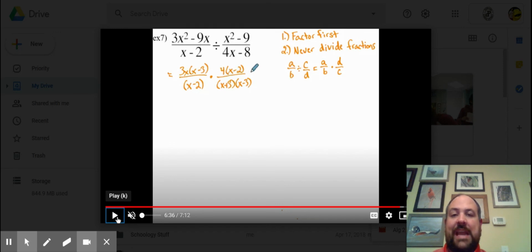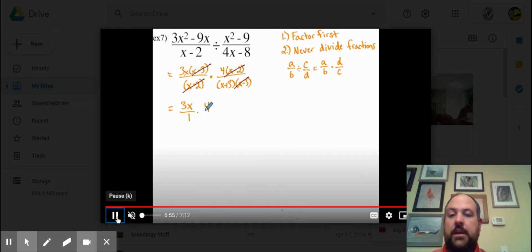So now we're looking at what are some common factors we can cancel out between the numerators and denominators. And in this case, there should be 2 of them. We can cancel out, as we see here, the x minus 2's in the denominator and numerator. We can cancel out the x minus 3's. The 3x times 4, we can't cancel those out because they're both in the top of the fraction.